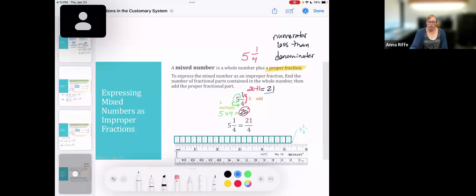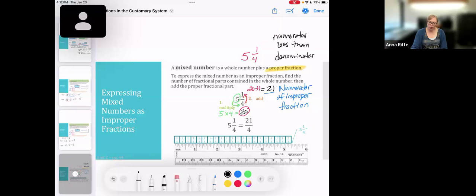This 21 is the new numerator, not the denominator. Let's get my fraction terms correct. The new numerator of the improper fraction. And the denominator stays as 4.